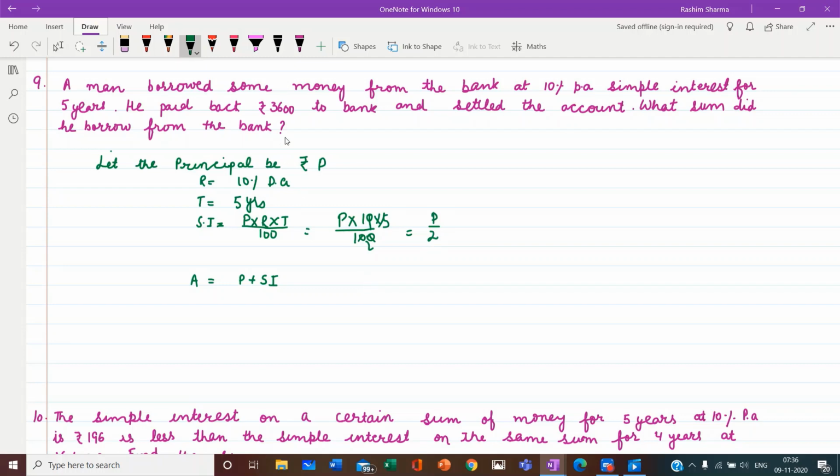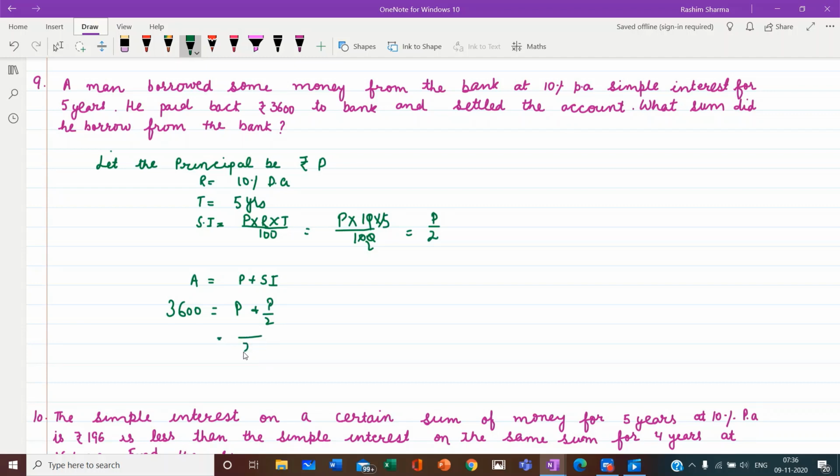Okay, he paid back rupees 3600 to the bank and settled the account. It means this 3600 is the amount that he is giving back. Okay, so when we put the values in the formula of amount, it is rupees 3600 because he paid back this much money. Principal is P and simple interest we got is P upon 2. So how will we solve it?